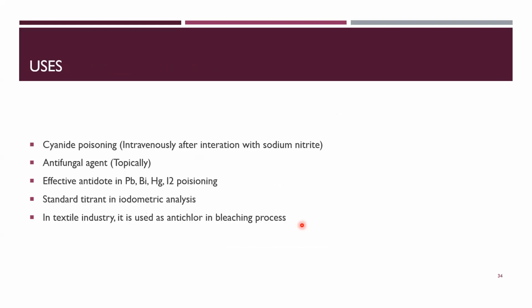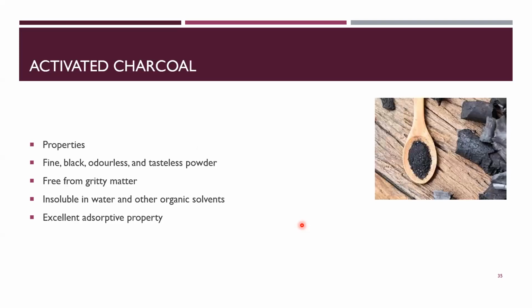Then uses: it is for cyanide poisoning, it has an antifungal effect when used topically, and is an effective antidote for several other metals and compounds. It is a standard titrant in iodometric analysis. In the textile industry, it is used as an anti-chlor agent in the bleaching process. So now activated charcoal.